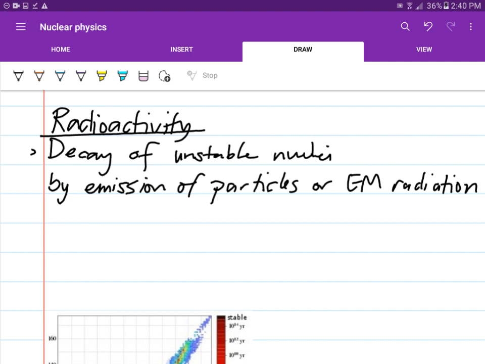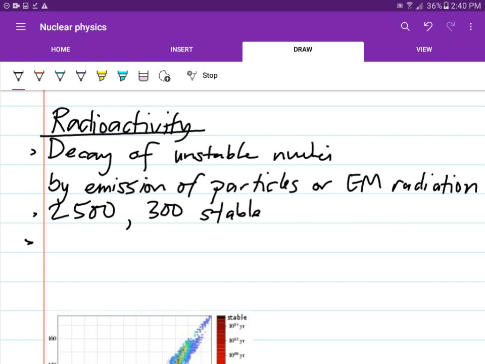Among 2,500 known nuclei, only 300 of them are stable, meaning they don't undergo this decay by emitting particles or EM radiation.